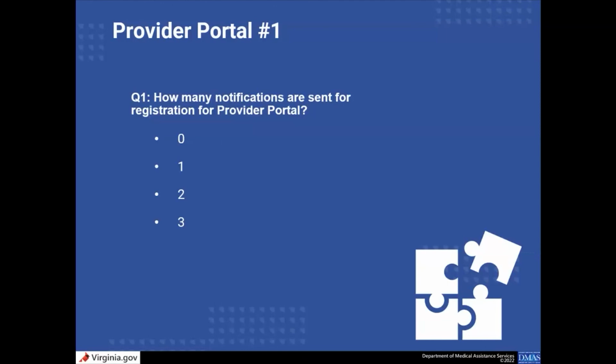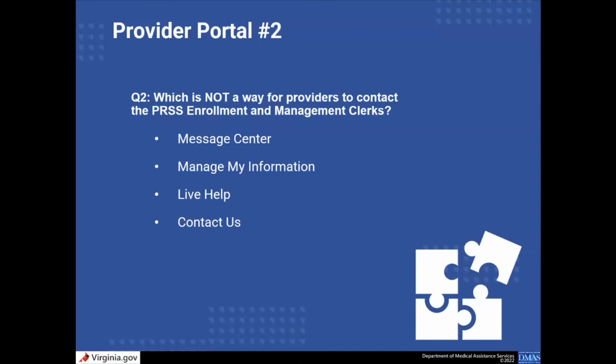Our next question: which is not a way for providers to contact the PRSS enrollment and management clerks? Is it through the Message Center, Manage My Information, Live Help, or Contact Us? The correct answer is through Manage My Information.